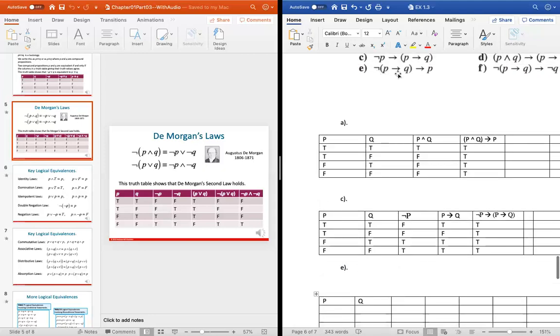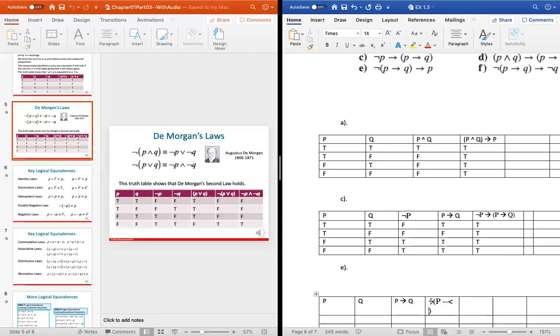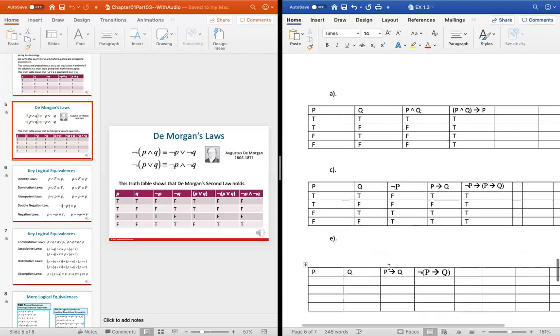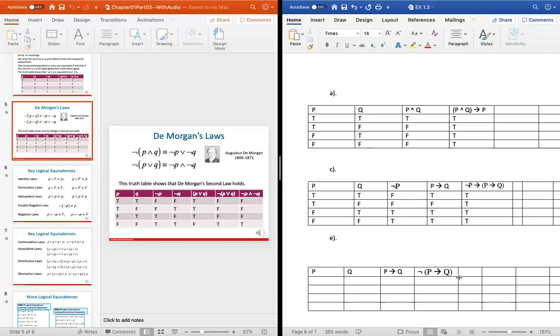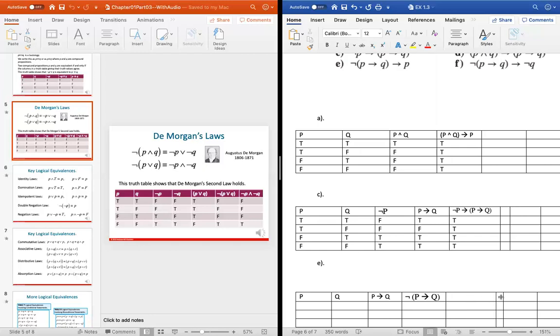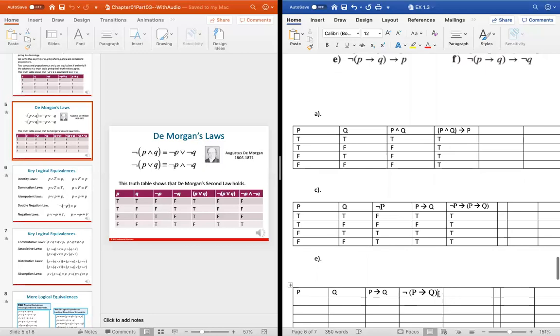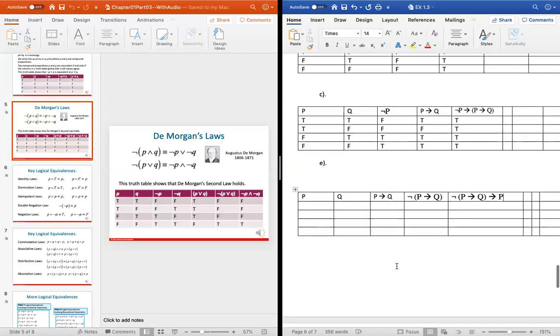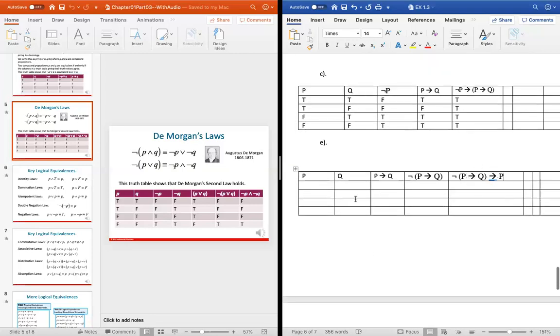So P, Q. We have P implies Q. We have negation of P implies Q. We have this thing over here implies P. Now we have to prove that this over here is a tautology.